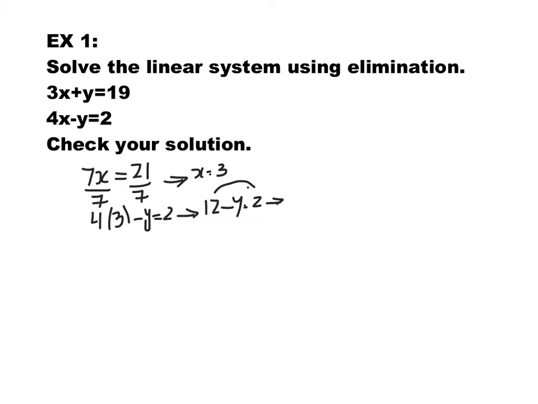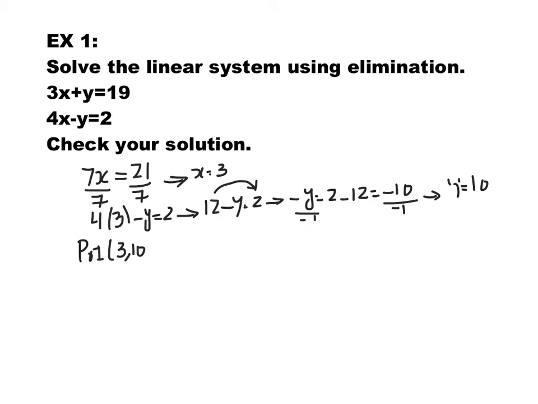If I move 12 to the right, I get negative y is equal to 2 minus 12, which is going to give me negative 10. Divide both sides by negative 1. I get y is equal to 10. So the point of intersection of the two lines is going to be (3, 10).